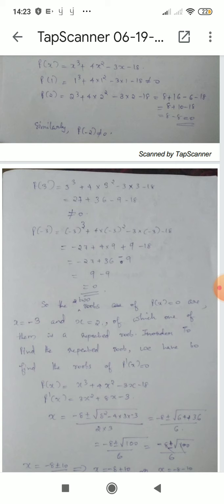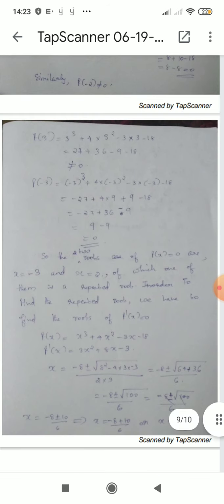In order to get a confirmation, or in order to get clarity, we are going to apply which theorem? Rolle's theorem. Okay, what is Rolle's theorem? Rolle's theorem says that in between the roots of a function, we can find at least one root of its derivative. So next we are going to find the roots of the derivative of f of x. And f of x is given by x cube plus 4x square minus 3x minus 18, right?